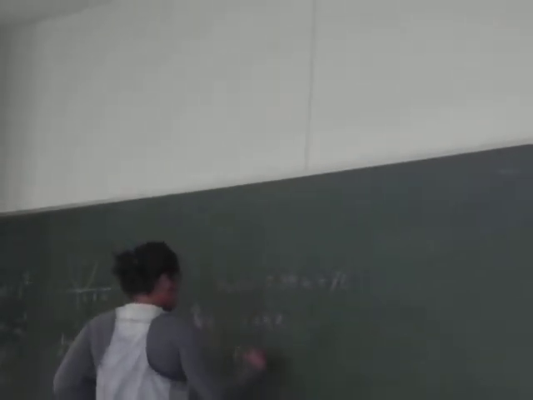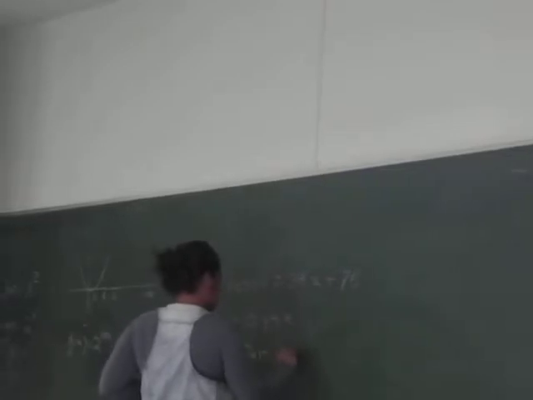Oops, sorry. So here, just write down the profit function. So we have the cost function and the profit function. I'm sorry, we have the cost function and the revenue function. So what's the profit? Okay.